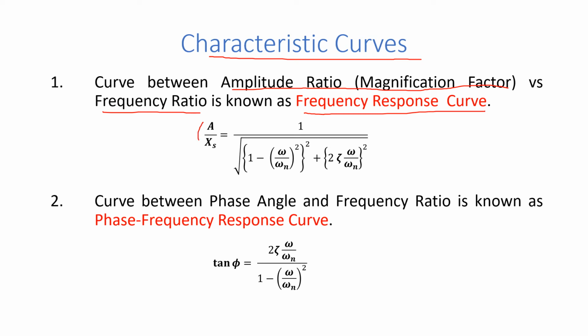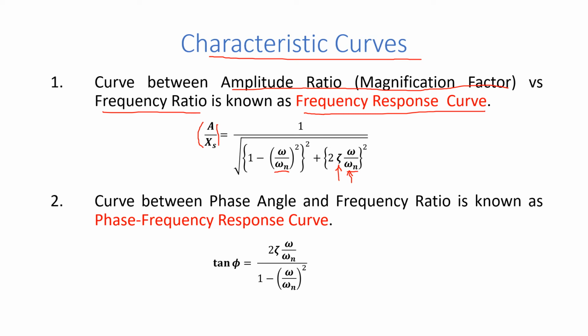So this is the relation, this is the amplitude ratio, and this omega by omega n is the frequency ratio. We make plots for different values of zeta and different values of frequency ratio, and this is known as the frequency response curve.